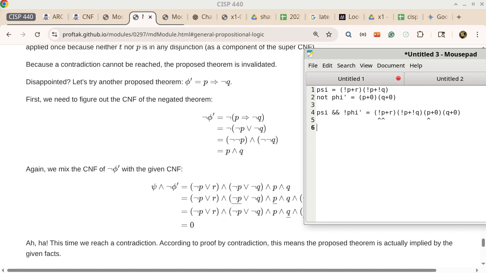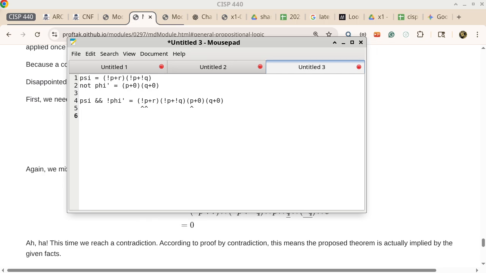As a result of this resolution, I can add a new term, which is just going to be R or false, because we take whatever is left of one without the negation of P, and what is left of the other one without the P, so we are left with only R or false. Is that okay? Because this really is the essence of resolution.